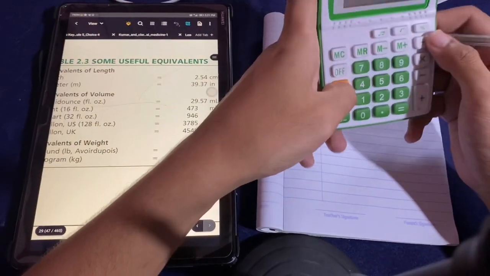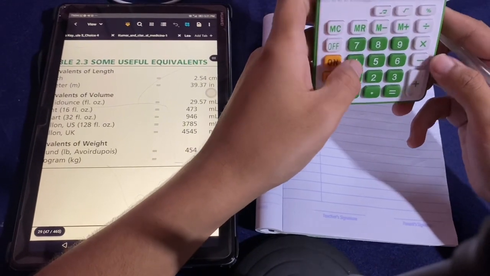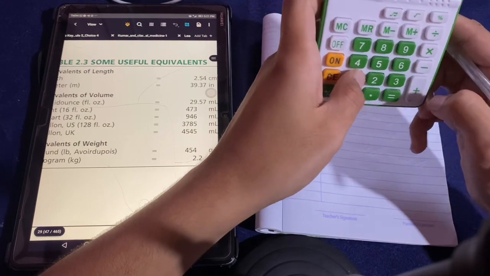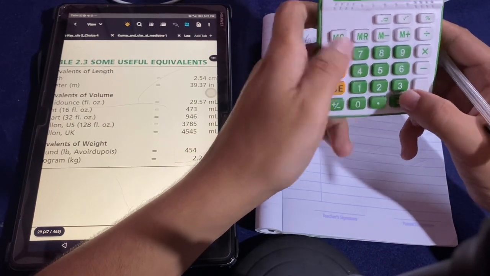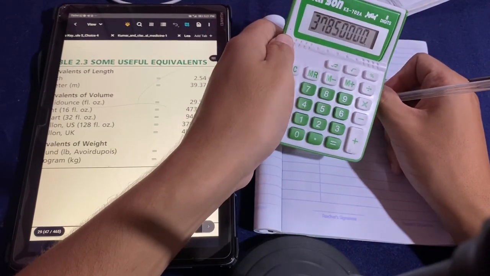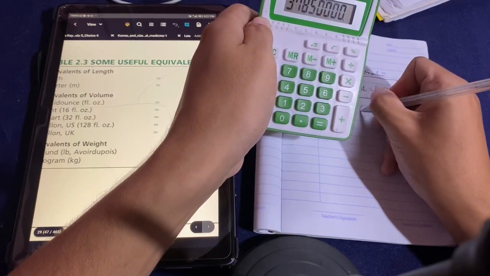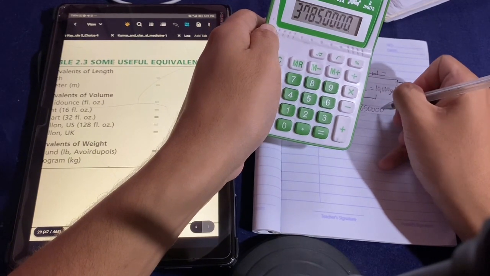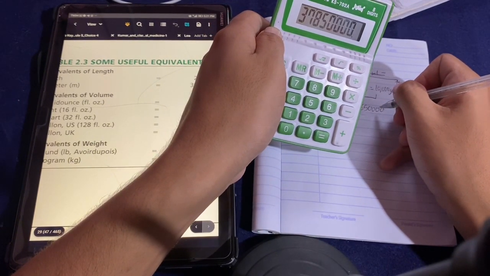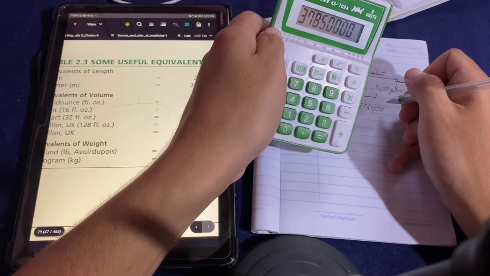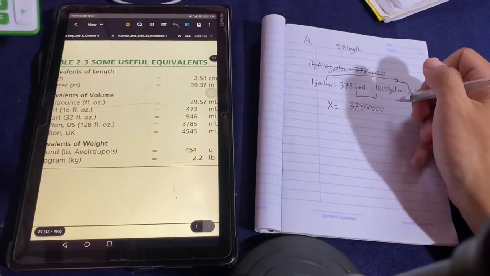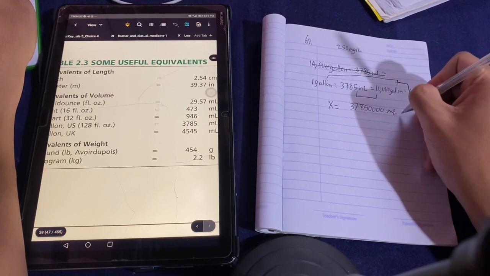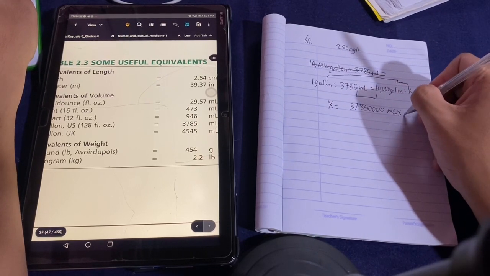Dito ang 3785 times 10,000 will be equal to this big number, which is 37,850,000.